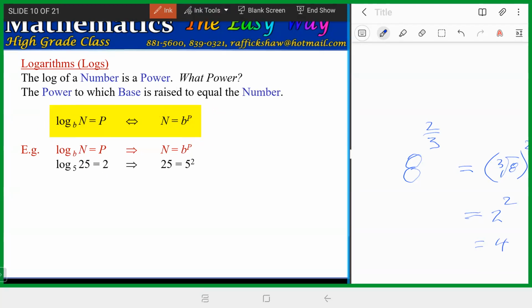That's why we start out with this line up here, so you can understand. When you calculate the log of a number, you're finding a power. What power are you finding? You're finding the power to which you have to raise the base to be equal to the number, or the power to which the base is raised to be equal to the number. All right?